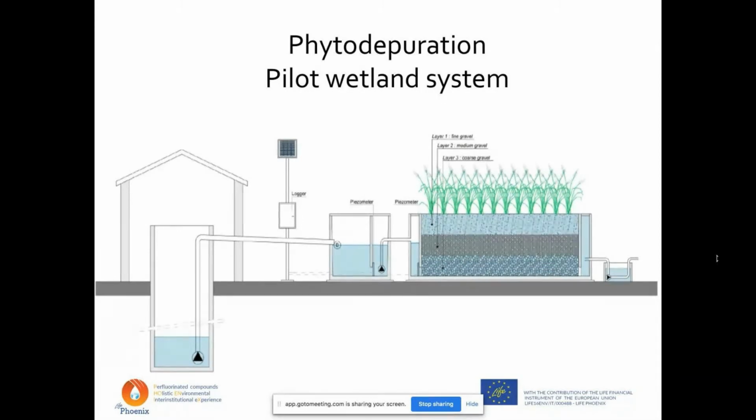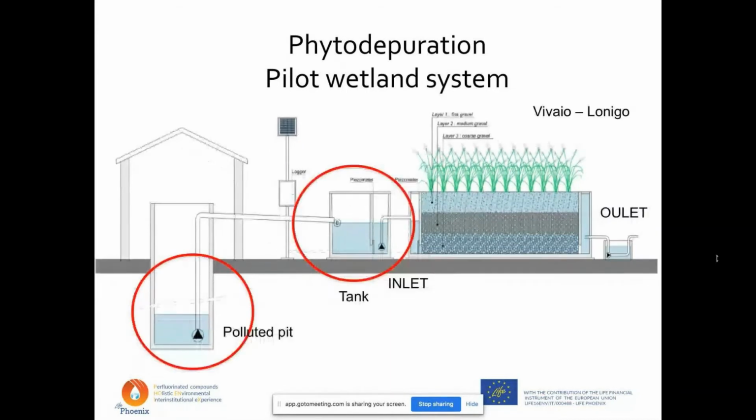This is just a technical scheme to show you how it functions. First of all, there is a polluted pit in a red circle where we catch the water from the polluted underground. There is a storage tank where the polluted water is stored.